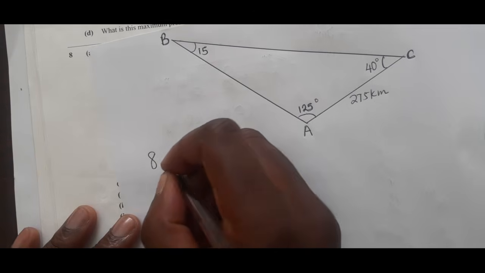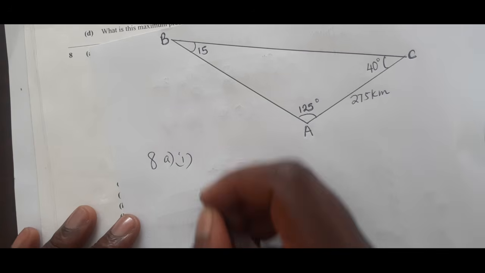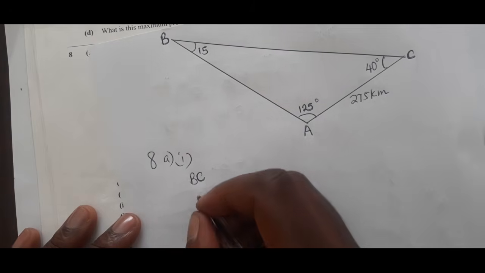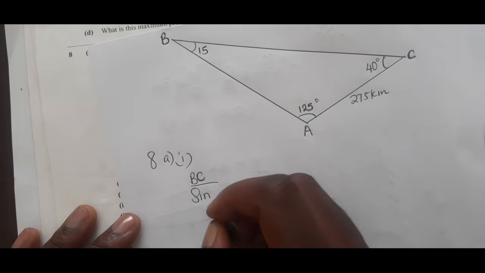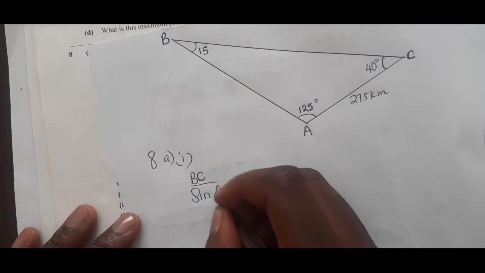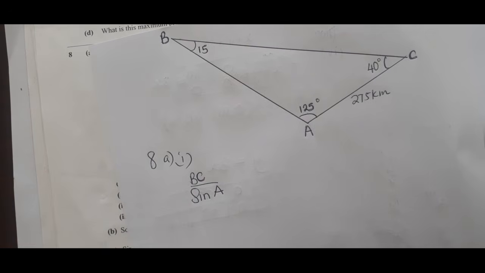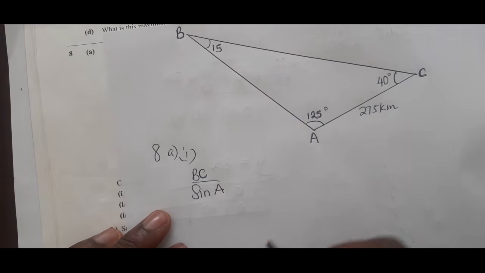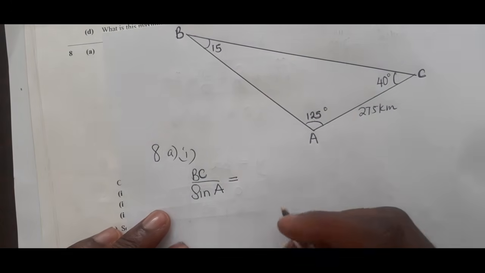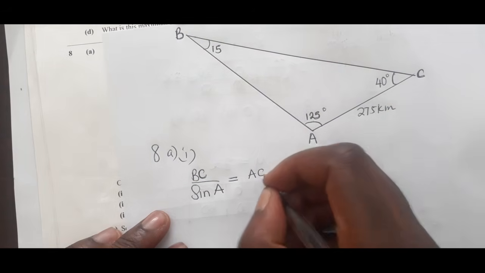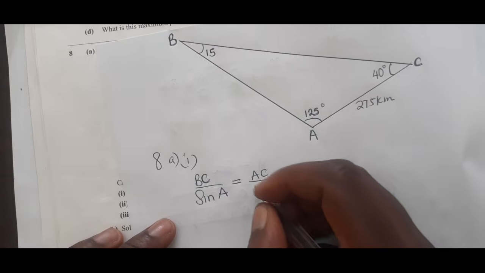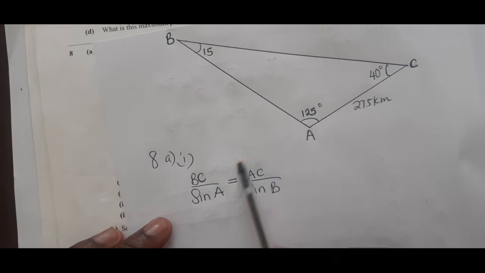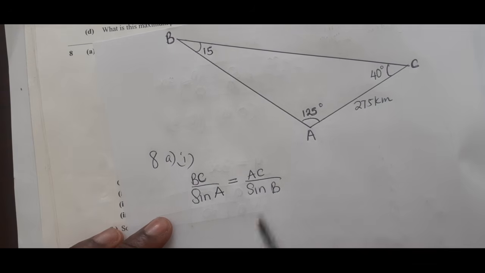So this is 8a1. We're going to use sine rule here, which states that BC, which is this side, over sine A, and take note that BC is represented by the small letter a, is equal to AC over sine B, because the other side that we are using should have both the side and the angle.